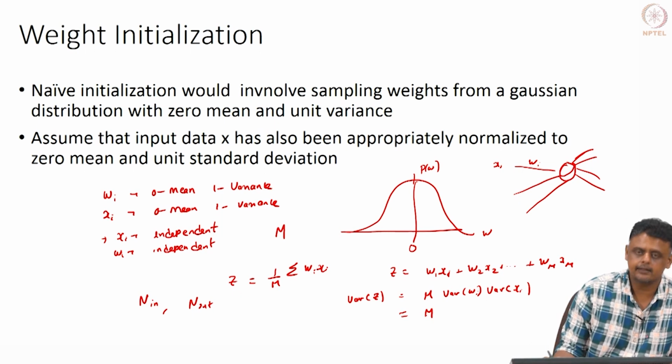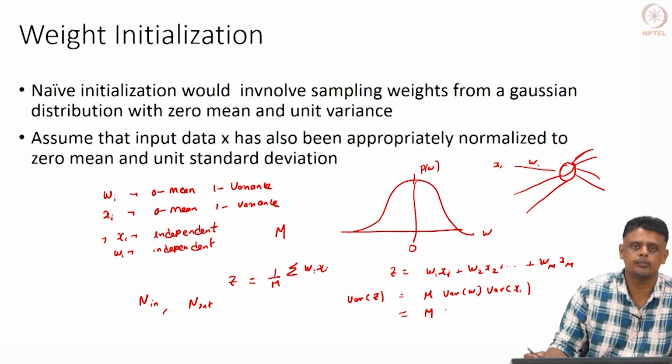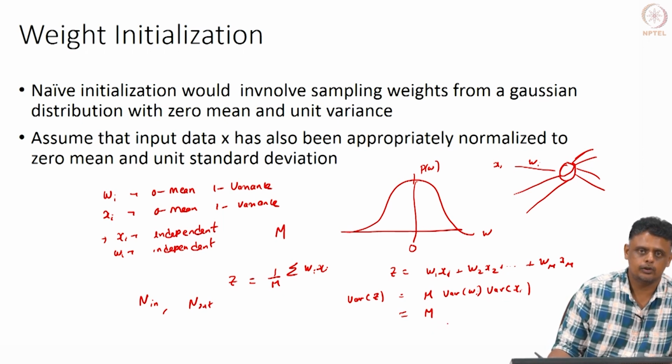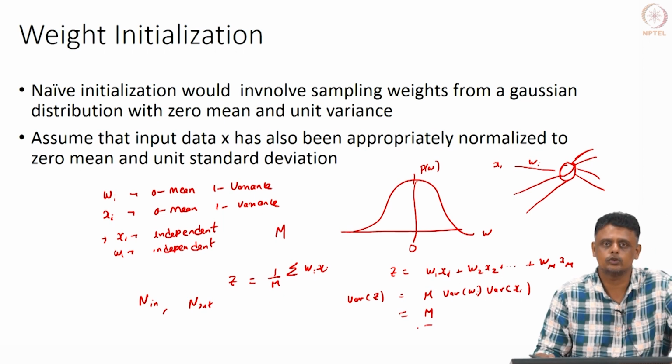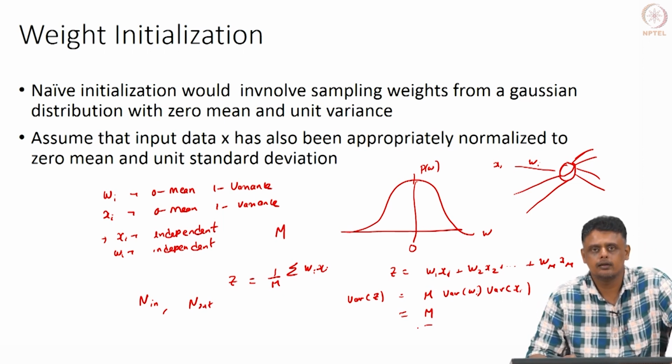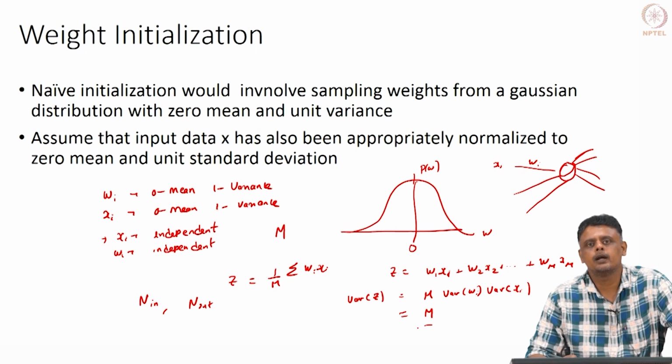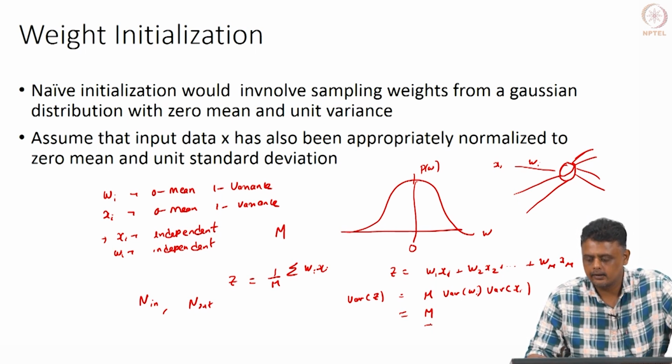So, we have established that the variance of z, which is a linear combination of the inputs to a neuron multiplied by the weights, is pretty much m times the variance. So, it makes sense if we scale our choice of weights by m. So, when we try to sample, we will sample from a distribution with 0 mean and variance 1 over m, that makes sense.